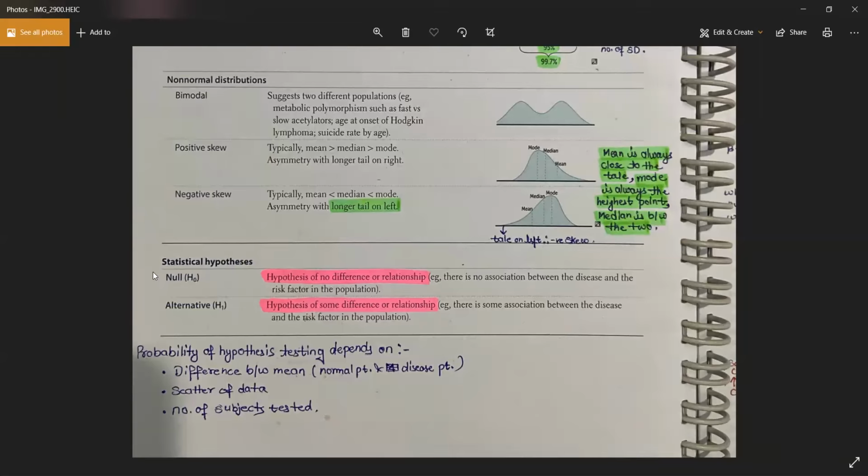If your study has found that there is a difference or a relationship between the risk factor and the outcome, then that means it is an alternative hypothesis, or H1. And the probability of the hypothesis totally depends upon the difference of the mean.